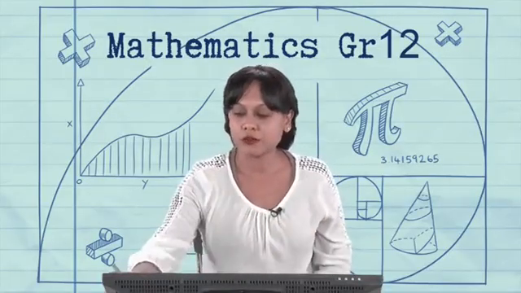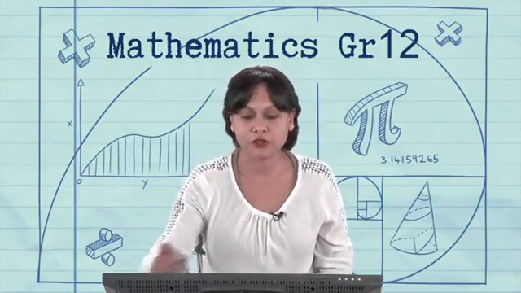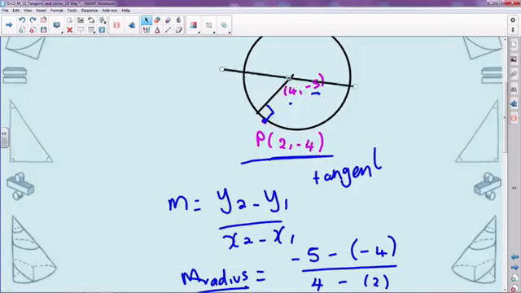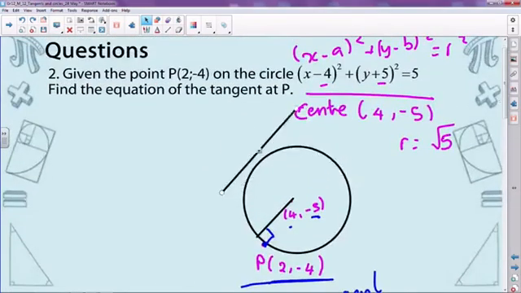So really, if I turn my diagram around, you're looking at the tangent being a line with a positive inclination. So it's going to look more like this line. And then obviously our radius as well, we'll turn it around. So that's how your diagram is more likely to look.